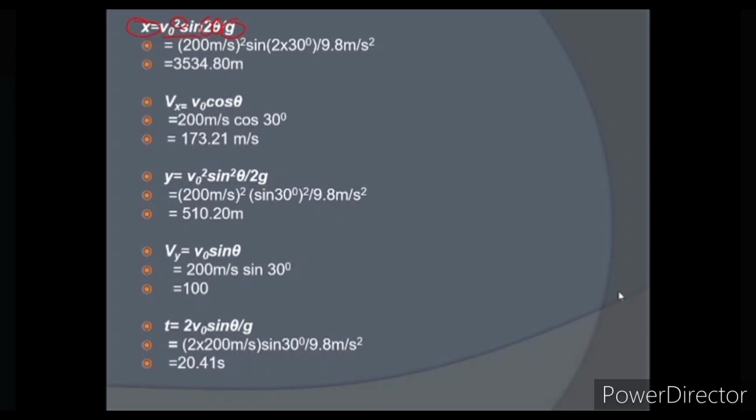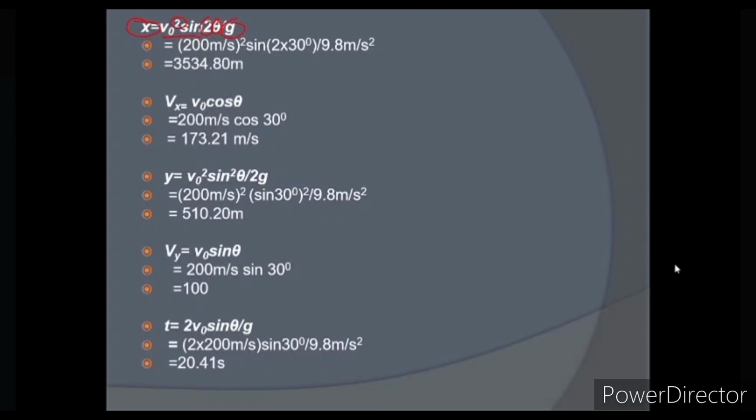Lagyan natin ng parenthesis, sine 30, squared. Bakit? Kasi pag ito lang po, kung ang gagawin natin ay sine 30, then lalagyan mo lang ng squared, hindi niya po makukuha yung sign dyan. So, mali yung makukuha nating sagot. So, it should be like this one.